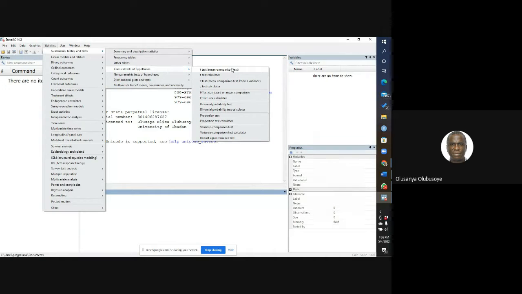Next to the t-test, you also have a similar thing for Z test. So you have Z test, mean comparison test. This is when the population standard deviation or variance is known.